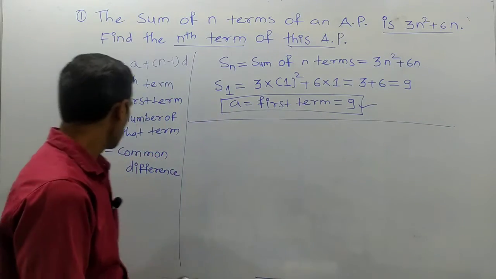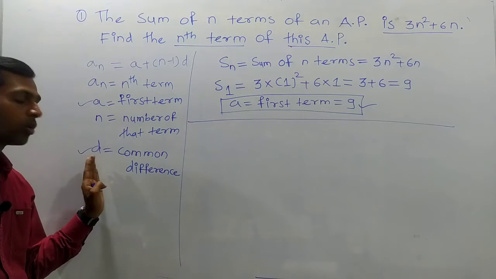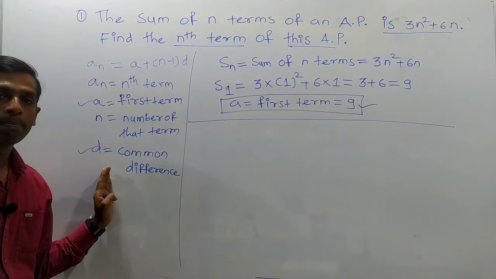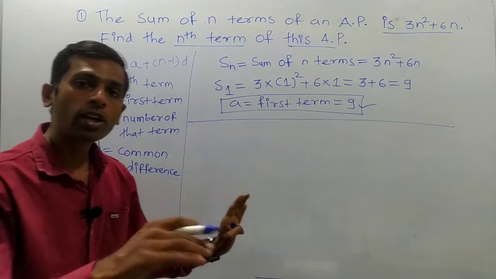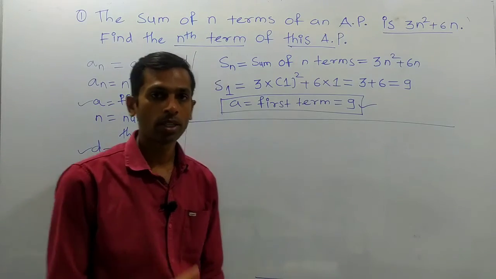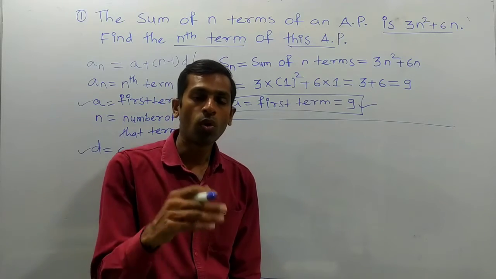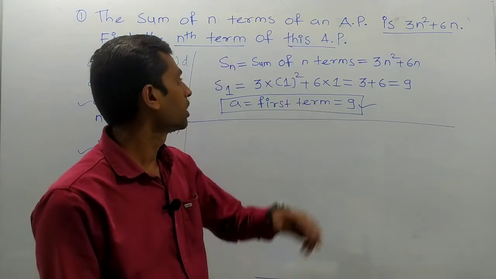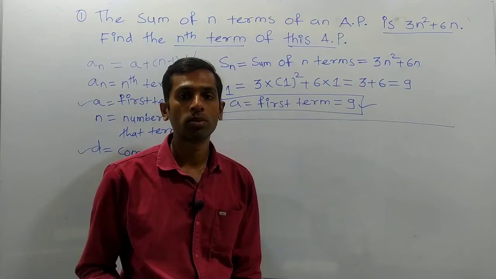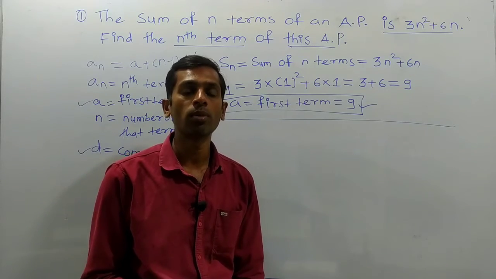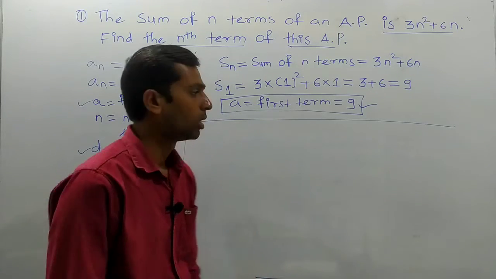Now I need to know a2. Why? Because d is not given. We don't know the value of d. d can be calculated as a2 minus a1. So I need to know what my a2 is. For that I can easily calculate the sum of two terms. How can I calculate the sum of two terms? By putting n equal to 2.